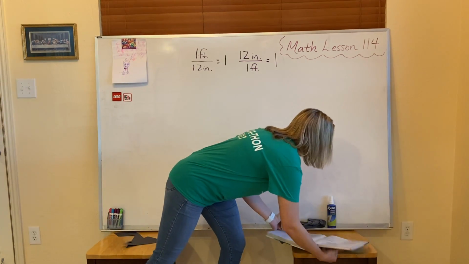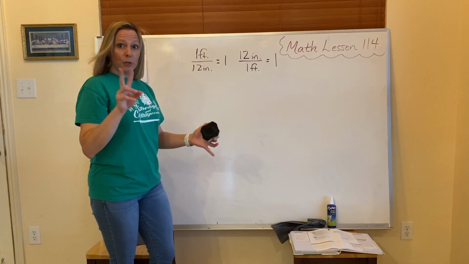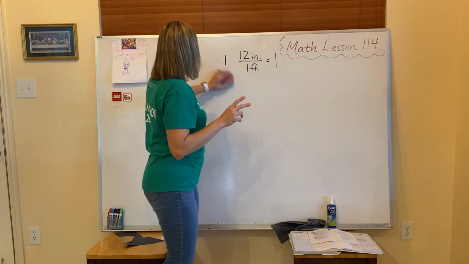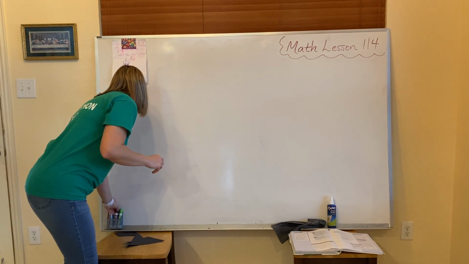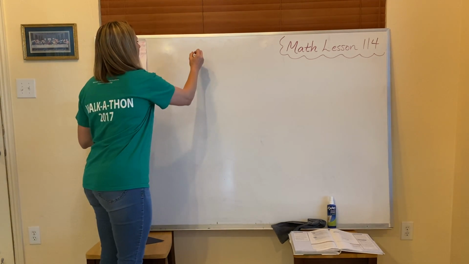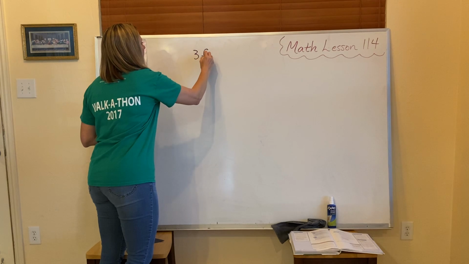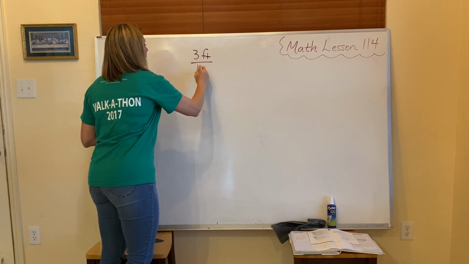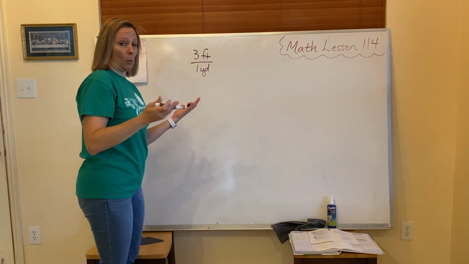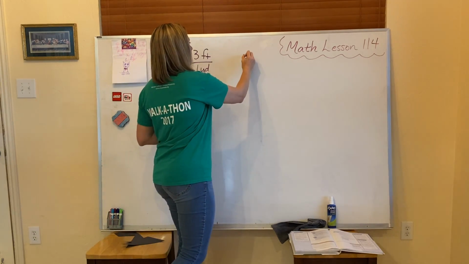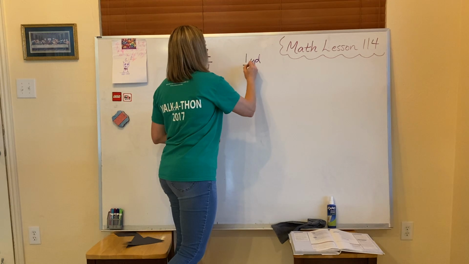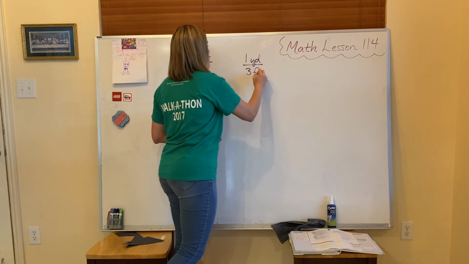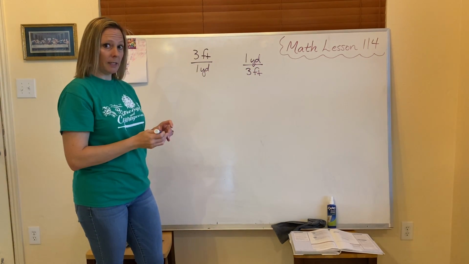We need two unit multipliers, and we could do it two different ways, right? We have 3 feet over 1 yard. That equals 1. Or we could flip it and do the inverse. 1 yard equals 3 feet. And that is equal to 1, right?